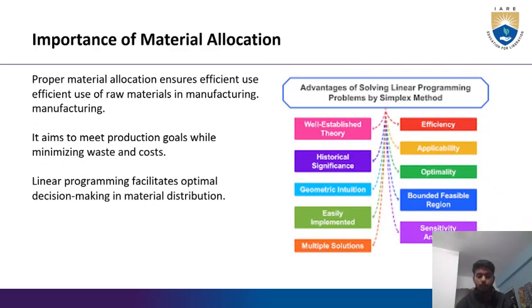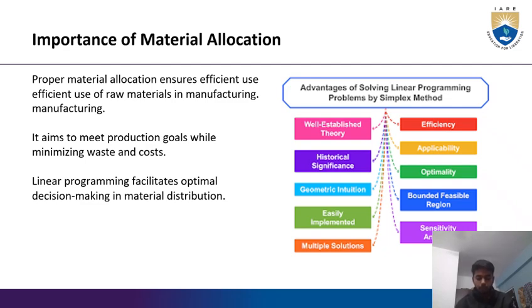How to formulate a material allocation problem. Step 1 is to identify decision variables for material usage. For example, what products can we make? How many of each? Step 2, establish constraints from resource availability, material constraints, 2x1 plus 3x2 less than or equal to 100 kg, for example.